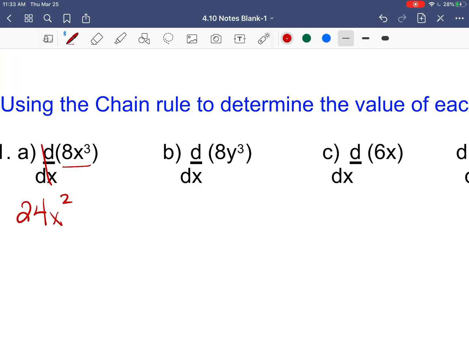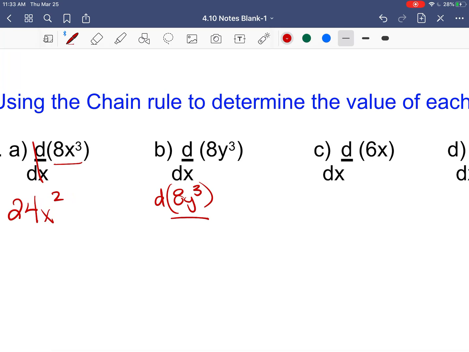Here we've got the derivative of 8y cubed with respect to x. So d of 8y cubed over dy, times dy over dx.